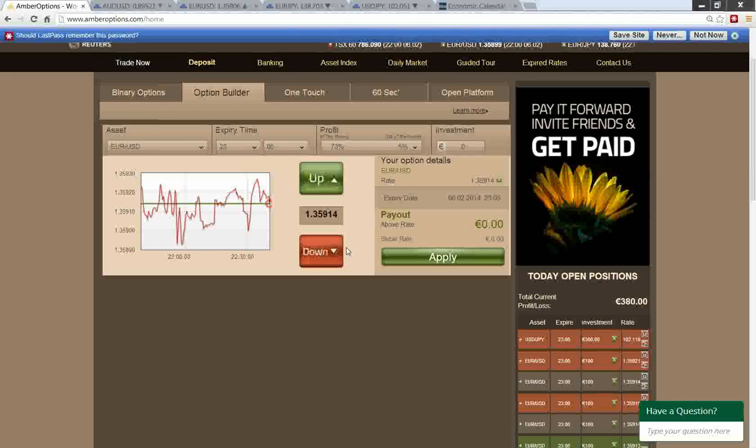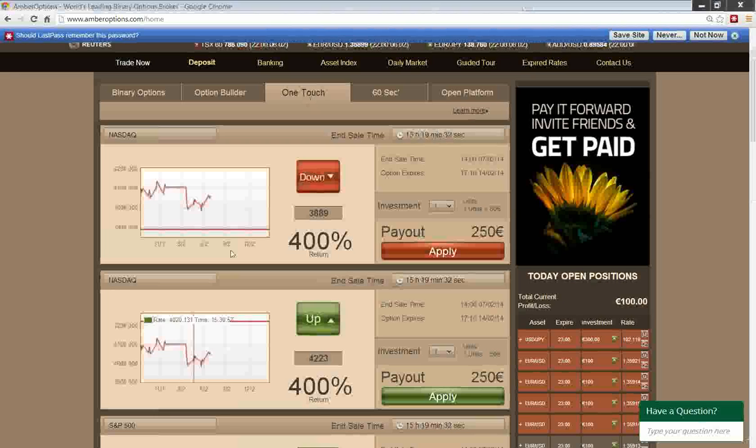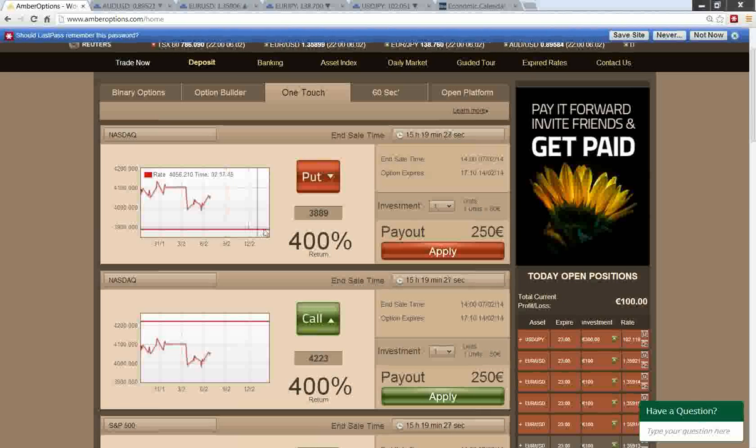Okay, Marcia, good question. One touch is another type of option. So we will do an example with one touch. You can see this line, there is a price line which we are targeting. So we're making a prediction not that the price will be higher or lower, but that the price will touch a certain level.